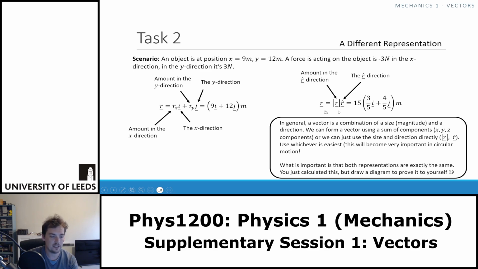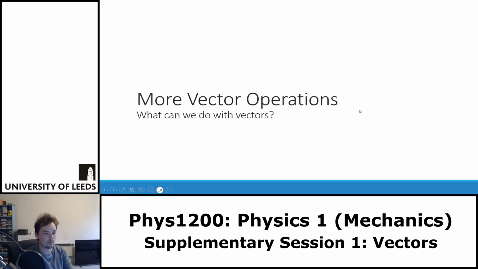It's a lot easier to use this for circular motion. In fact, all those formulas that you learn for circular motion, like mv squared over r and all this sort of stuff, make a lot more sense in this representation. So I'll just leave you to ponder on that for now. But what's important is that both representations are exactly the same. It's the same vector in both cases.